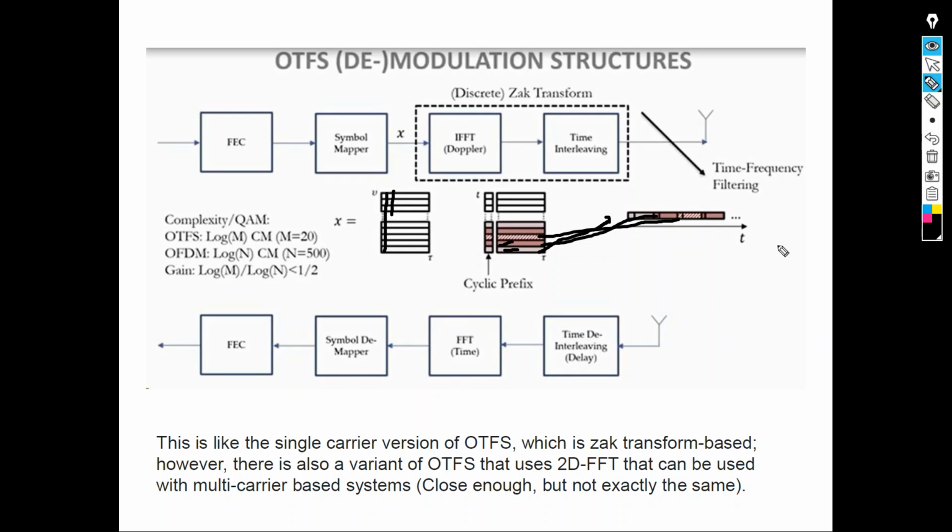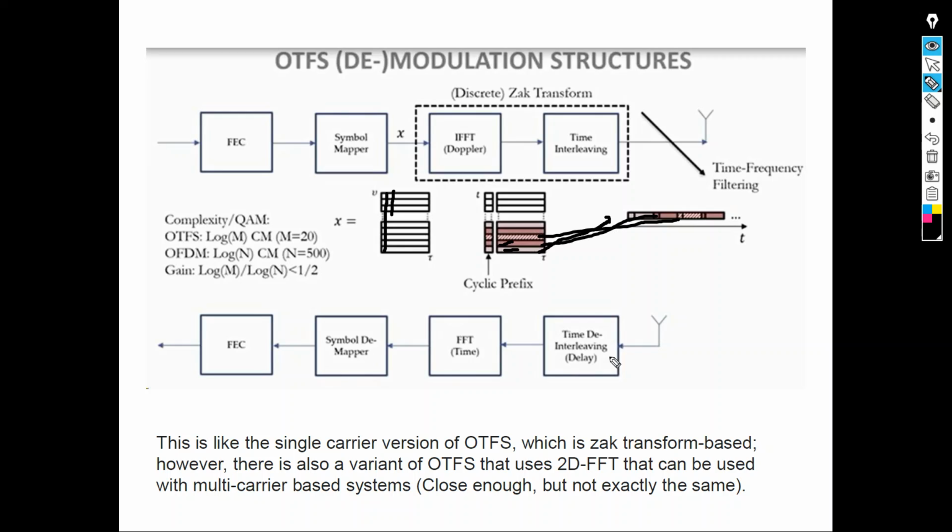And you convolve the whole transmitted packet with the channel response over the TTI, the transmission time interval. I mean, you capture the full characteristics of the channel, and then you receive it.